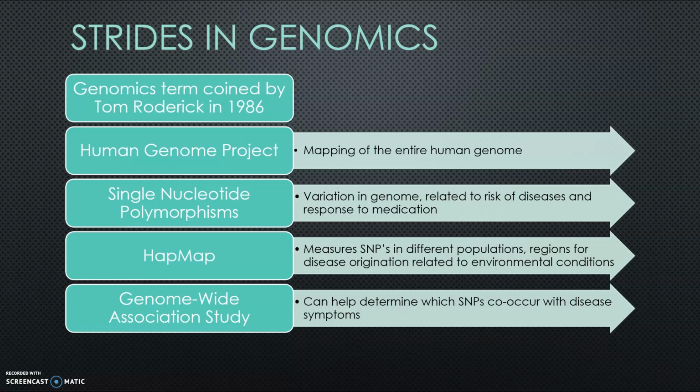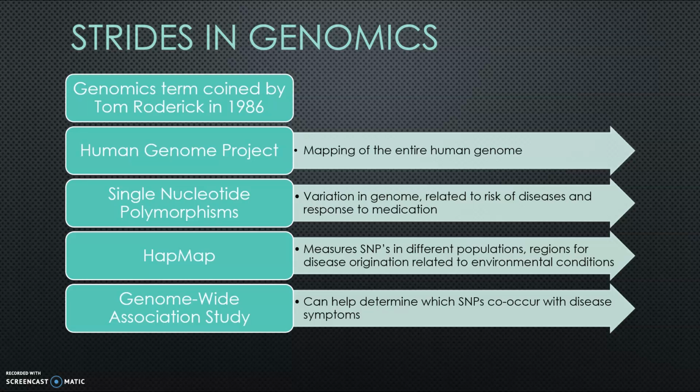With SNPs, the HapMap was developed, and HapMap is able to measure the SNPs in different populations and regions to figure out how diseases originate and how they may be related to environmental conditions. So the Human Genome Project was a project. HapMap and GWAS are projects. Single nucleotide polymorphisms is not really its own project, it's just something that we're able to better understand because of genomics.